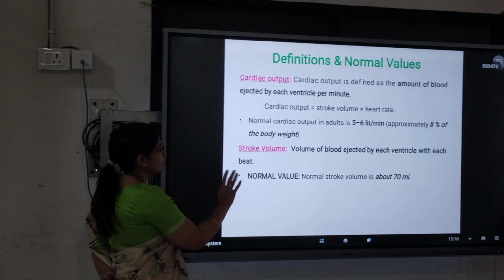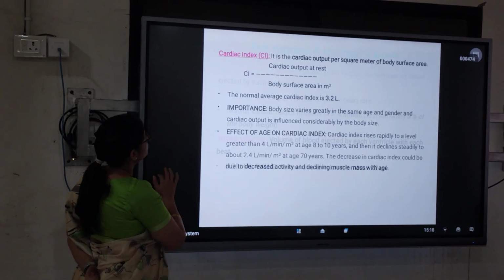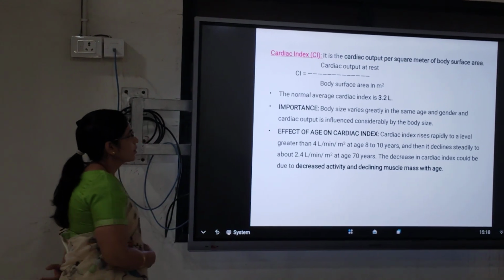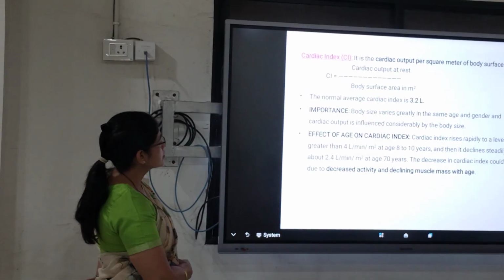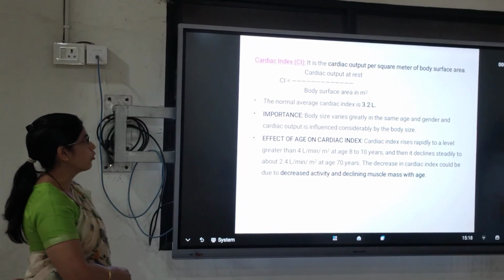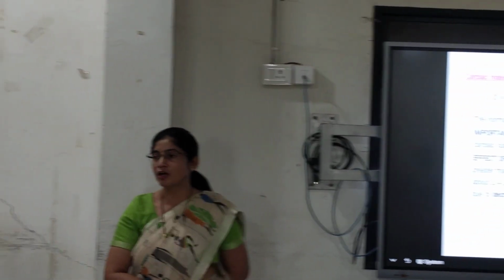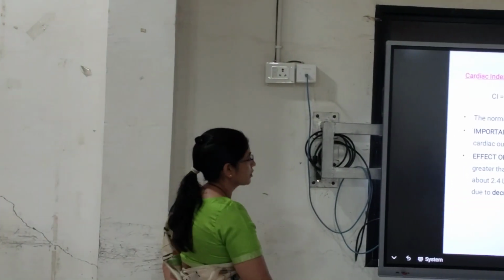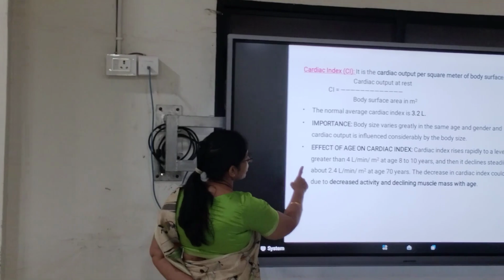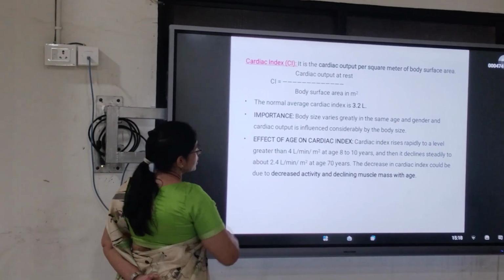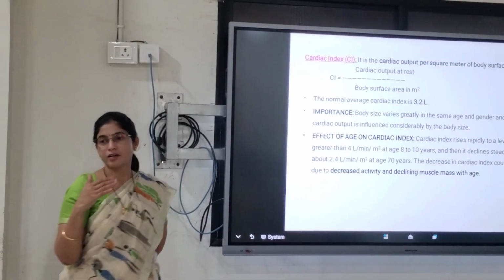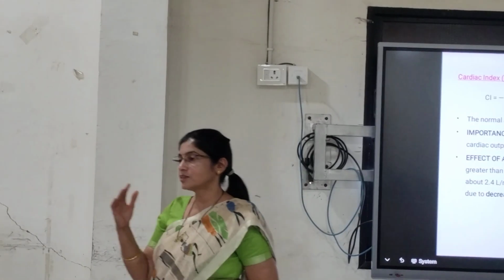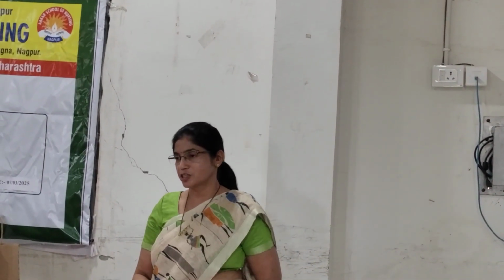The normal value, as you know, is 70 ml. Cardiac index: you can calculate it from cardiac output at rest, which is 5 liters per minute, and your body surface area. The cardiac index has a different range as age advances.